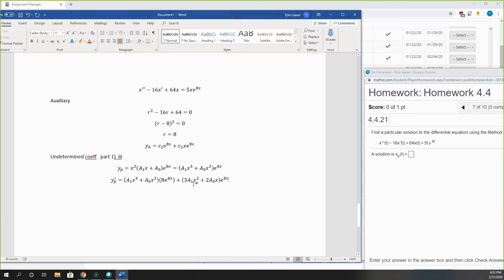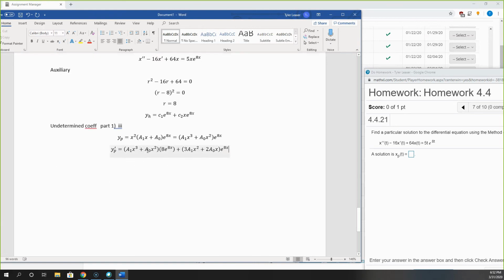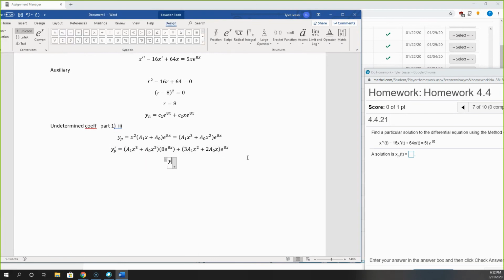Okay. And now we have to take the derivative again. Lovely. Yay. We're going to have to do these two separate times. So this first thing that I've highlighted here, we're going to have to do a product rule there.